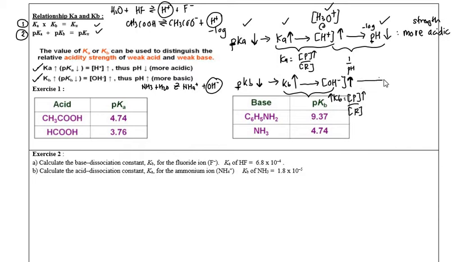How about your pH? pH becomes higher. Kenapa pH becomes higher? Bila concentration dia adalah tinggi, that means pH itu menuju arah nilai 14.